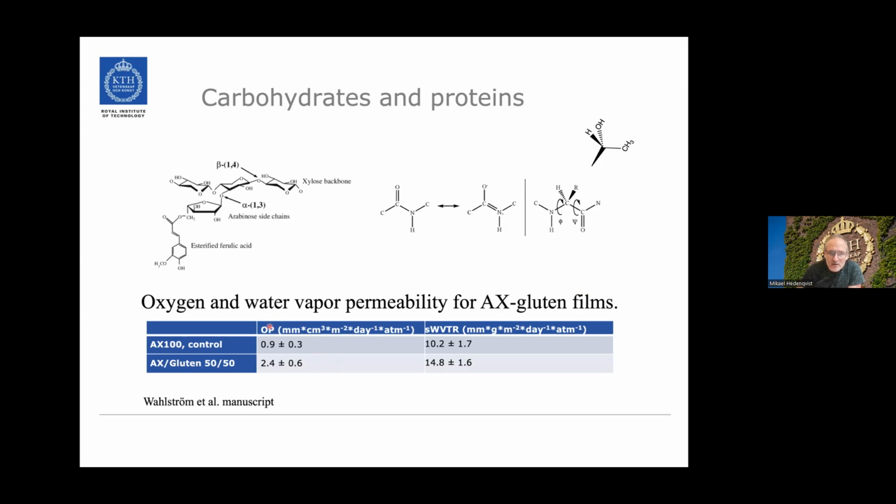And here you have the oxygen permeability, and this is the water vapor transmission rate. The specific one, I don't want to put permeability here, P, because it's not correct. And you can see that with the inclusion of the protein, the permeability, or transmission rate, goes up.